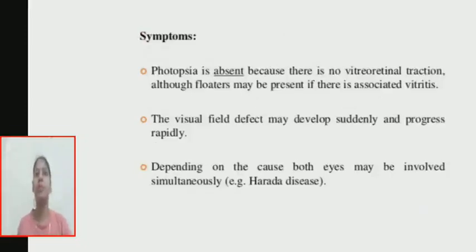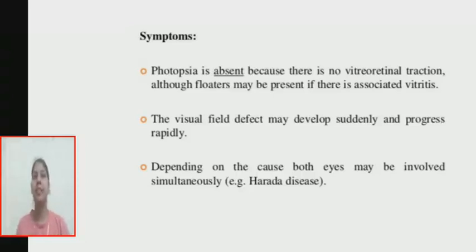Now, symptoms. Photopsia is absent because there is no vitreoretinal traction, although floaters may be present if there is associated vitritis.